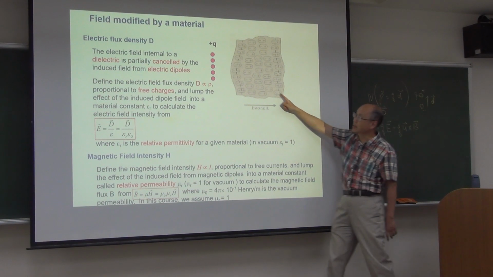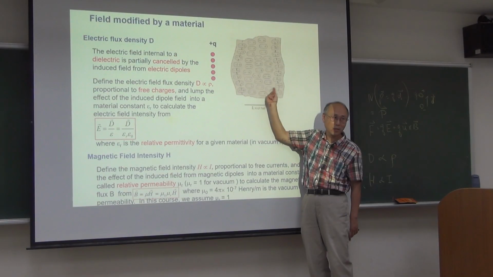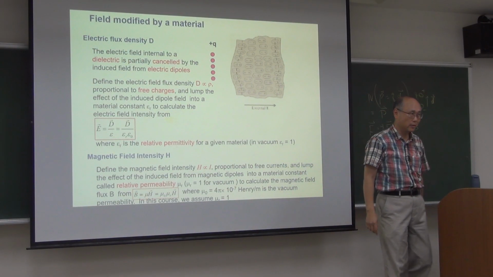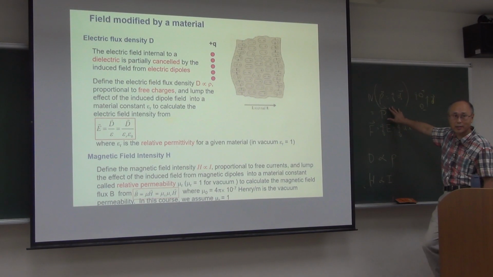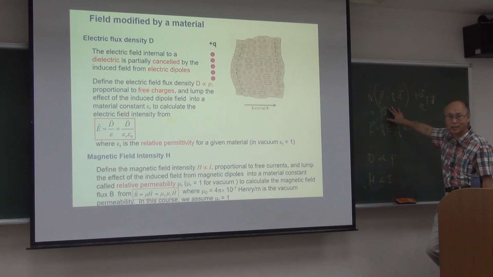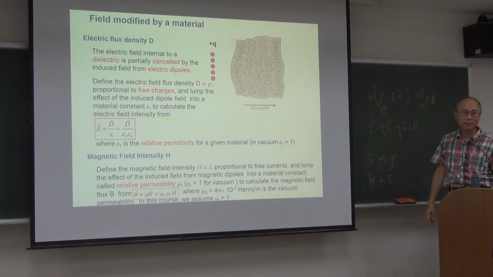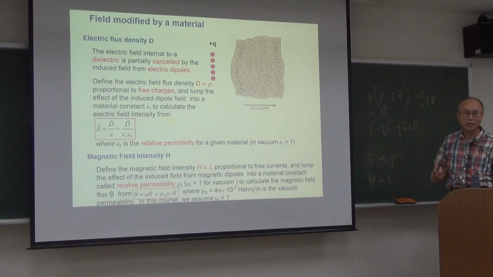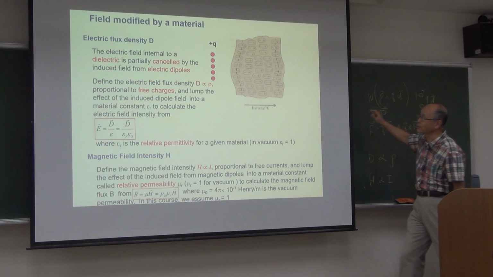So think about this. You have small dipoles in this material, and then you add up all the dipole vectors, and then average over a volume. Then you have the polarization density vector. And how is this generated? Well, look at this.